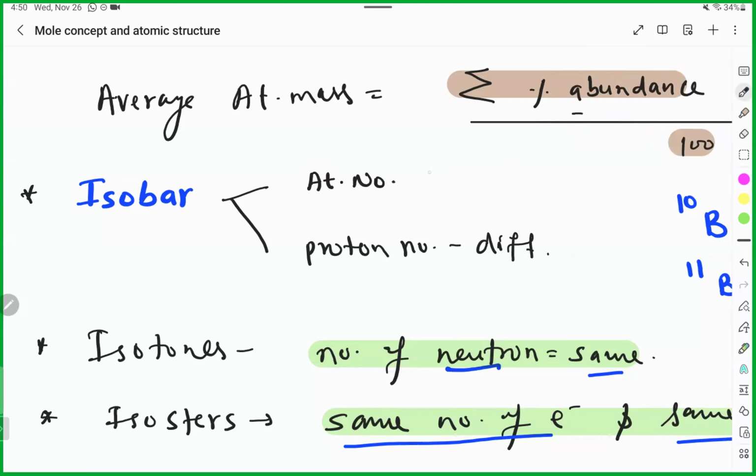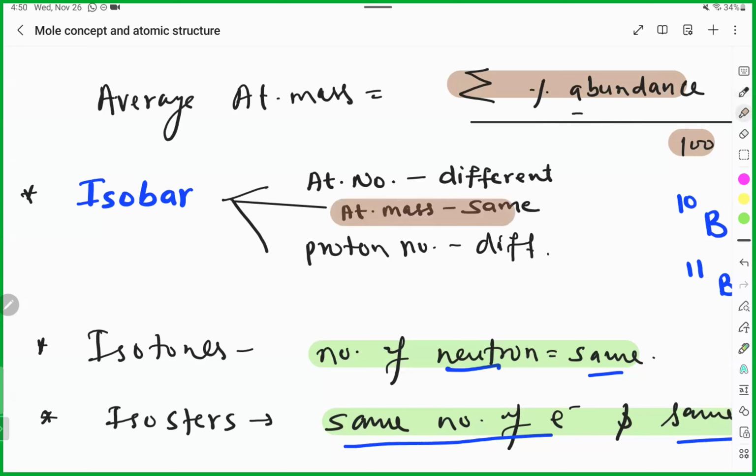Yes, atomic number is different and atomic mass is the same. So when atomic mass is the same, that is known as isobar.